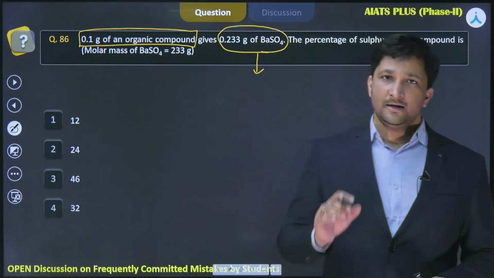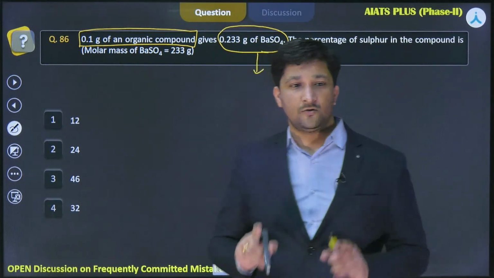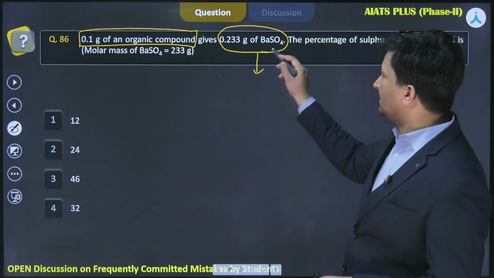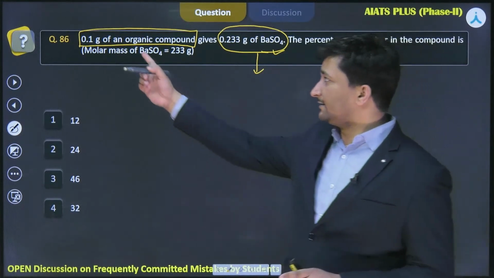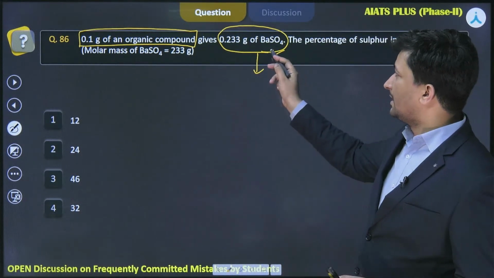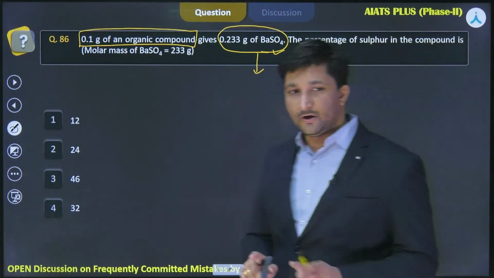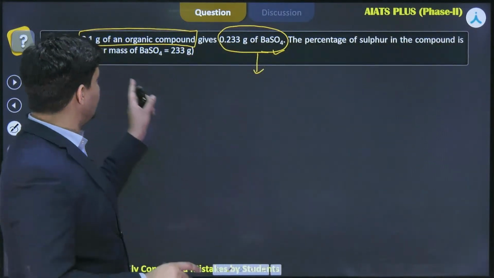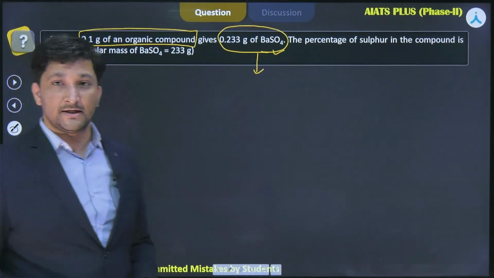It simply means that all the sulfur that was present in this 0.1 gram of organic compound has now moved into this barium sulfate. So the amount of sulfur present in the 0.1 gram organic compound is the same as the sulfur present in barium sulfate. We all know that the molecular mass of barium sulfate is 233 gram and sulfur has a mass of 32 gram.